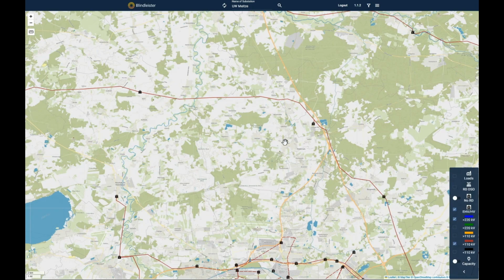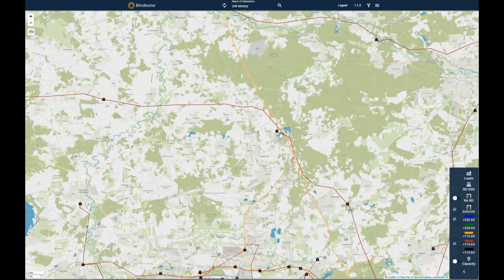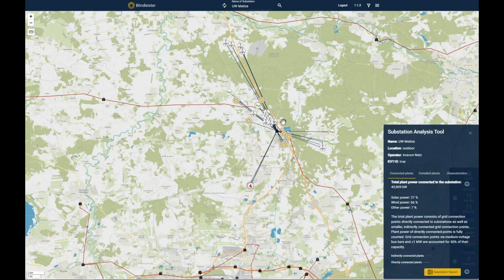So on a macro level, we see there is a lot of curtailment and contingencies on the line and the substations, but during the summer months the PV curtailment is not that high.